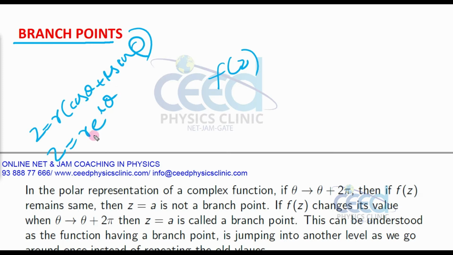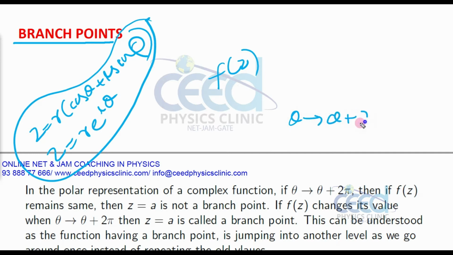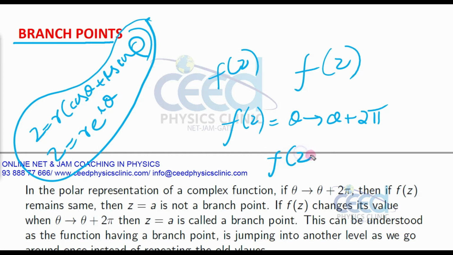Now, if you represent your complex function in this format, and you substitute theta tends to theta plus 2 pi, then if f of z changes, that is, f of z with angle theta is not equal to f of z with theta plus 2 pi, then we can say it is a branch point.